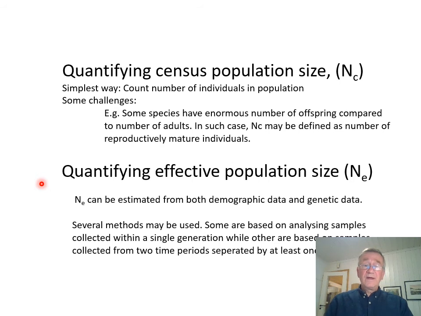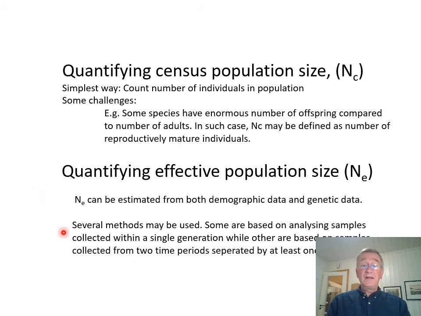And then how can we quantify the effective population size? Well, there are a lot of ways, and there are no specific rules for this, but well, there are rules, but there are different ways, and sometimes it is necessary to combine different methods as well.